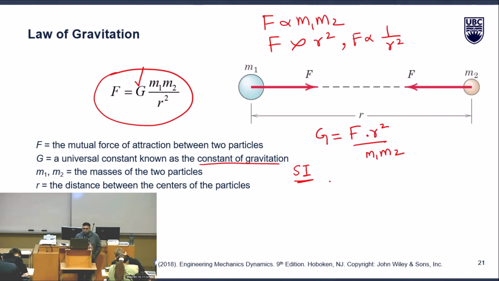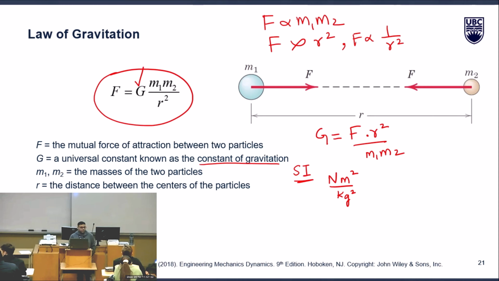In System International, force will be in Newton, r will be the distance between two masses, so it will be meter square, and the two masses will be in kilograms, so they will be kilogram square, right? So G has the units of Newton meter square per kilogram square in the System International.